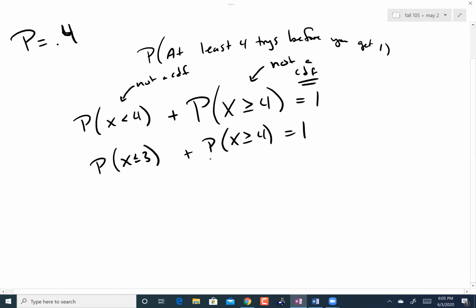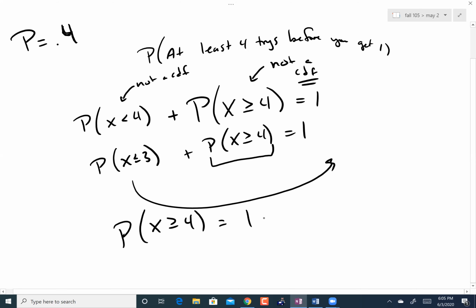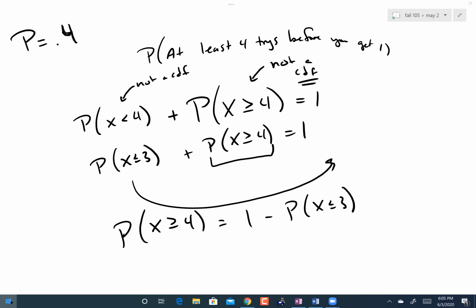Nice. And so if I wanted to solve for this, I'm just going to subtract this to the other side. And so the probability that x is greater than or equal to 4 is equal to 1 minus the probability that x is less than or equal to 3. And somewhere I'll get my Excel up.